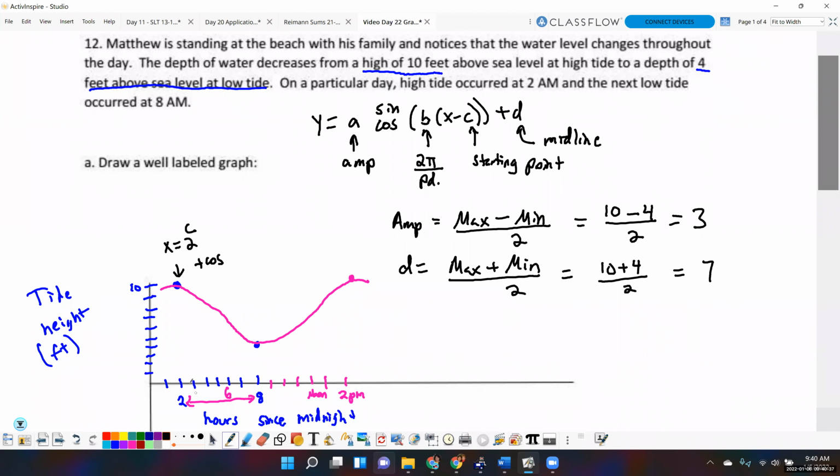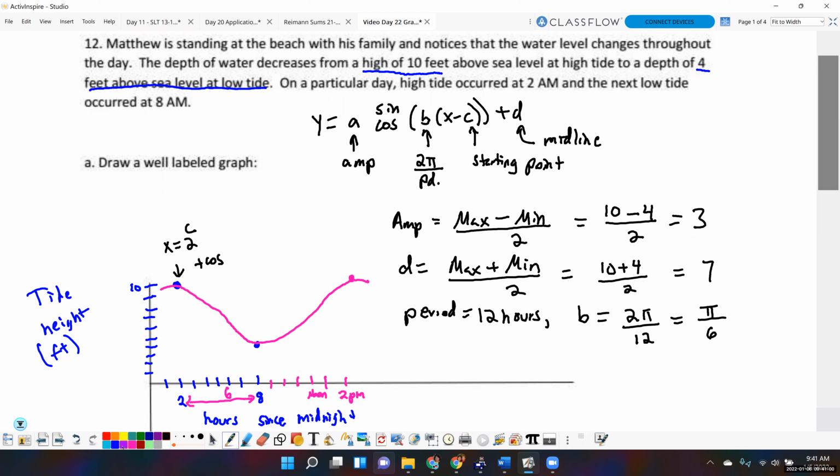Now, the period here, since I accomplished high tide to low tide in 6 hours, that means that the period must be 12 hours. So B is 2 pi divided by the period. I'm going to use a B value of pi over 6.